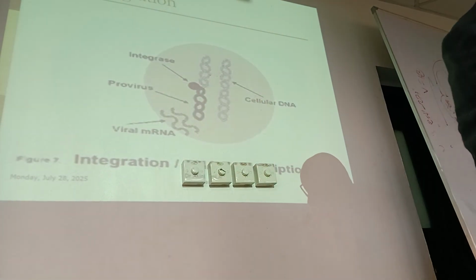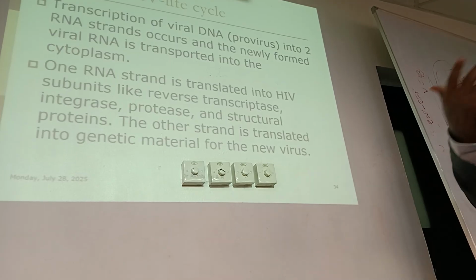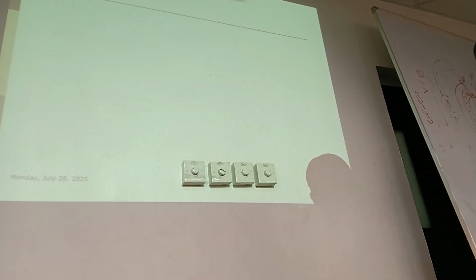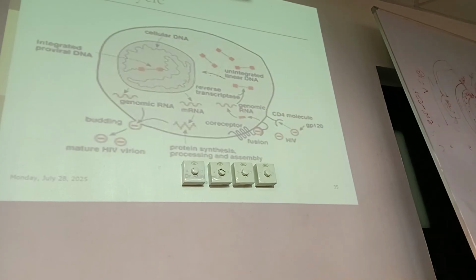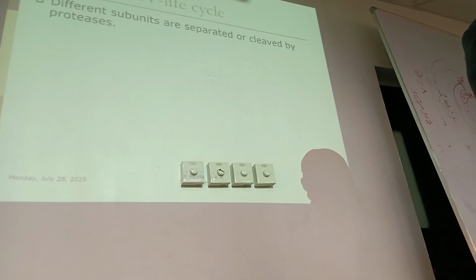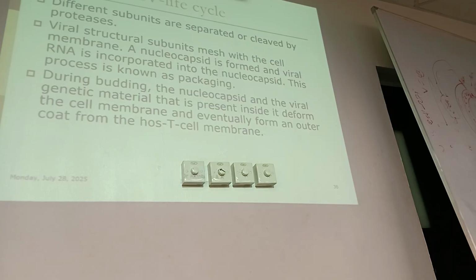Then transcription takes place, then translation, and then you have budding. Budding will release the HIV virus, and each virus will go after each cell again, penetrate the CD4 again, and destroy the CD4. That's why the CD4 always drops.